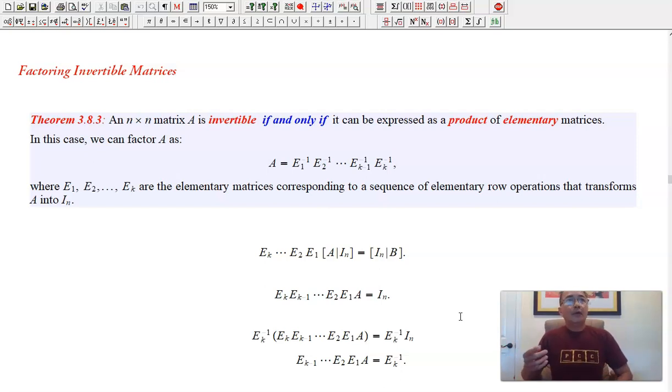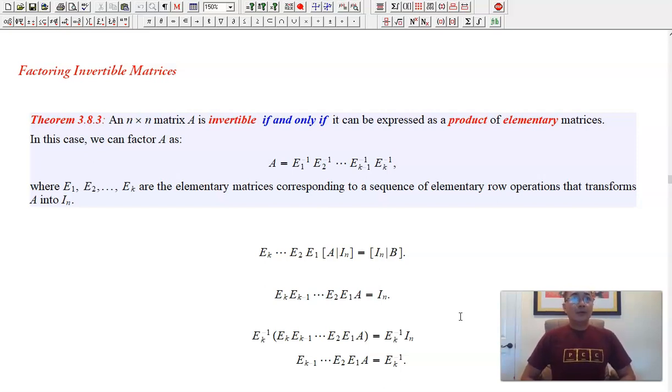So in the forwards direction, we can actually factor A using these elementary row operations. We can factor A as E1 inverse, E2 inverse, and so on, up to EK inverse, where E1 through EK are the elementary matrices corresponding to a sequence of elementary row operations that transforms A into the identity.